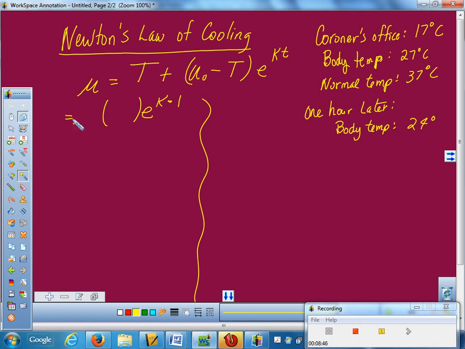The body started out at 27 degrees when he found it. Okay, what's capital T? Temperature of the air. So what's the temperature in the room? 17. That same 17 goes out front. It goes two places. And then what was the final temperature? 24 degrees.